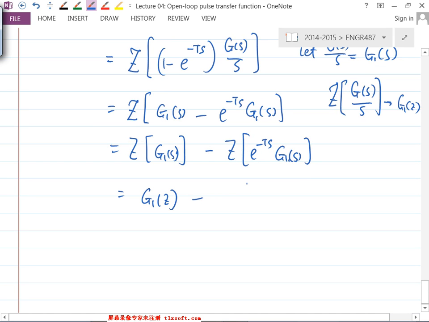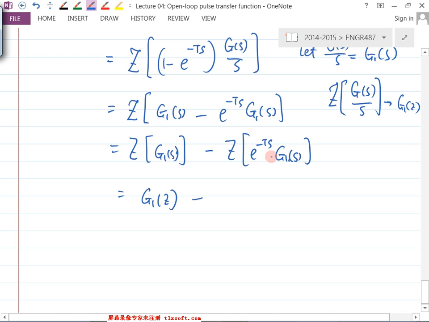Now, if you recall, in a discrete system, when you have a delay, the corresponding Z transform always has a Z to the power of a negative certain quantity. If it's Z to the power of negative 1, that tells you the original system has a delay of 1 step. So when you have a time-delayed continuous system, how does that show up in the Laplace domain?